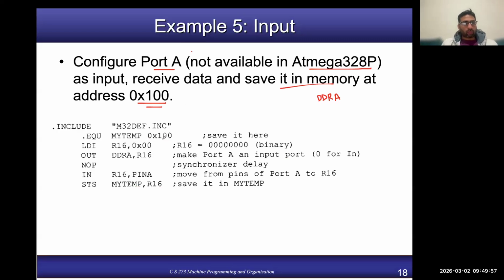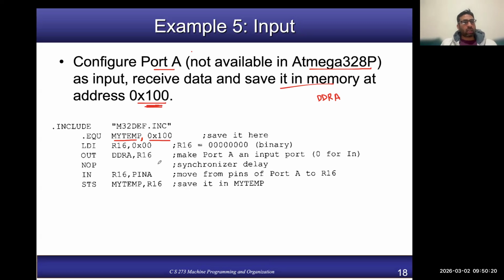So this is just a directive. You need to put a comma here if you write this program in the Arduino IDE. We are simply using the .equ directive to say that we are equating my temp to address 0x10, which is the address where we want to write the data in memory.